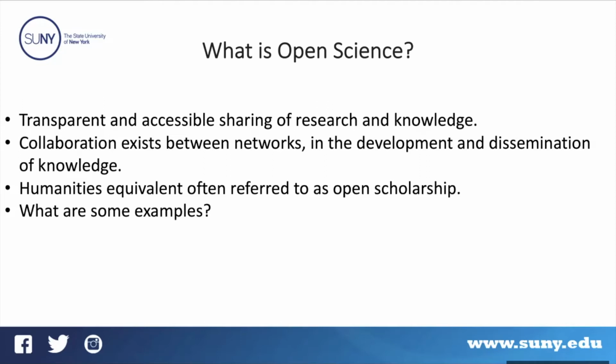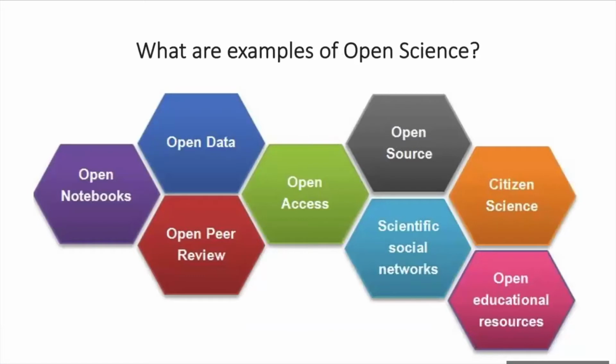So, what are some examples of open science? I'm not going to cover all these, but in open science, there's something referred to as open notebooks. Open notebooks is the practice of making the entire primary record of a research project publicly available online as it's recorded.